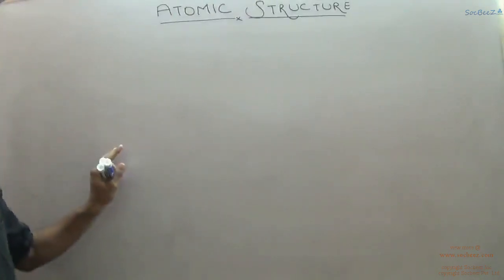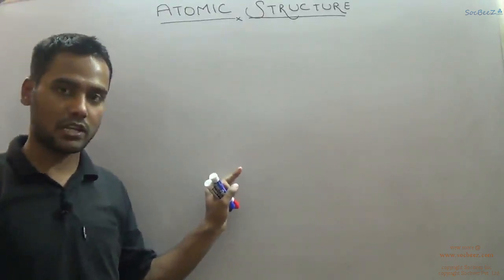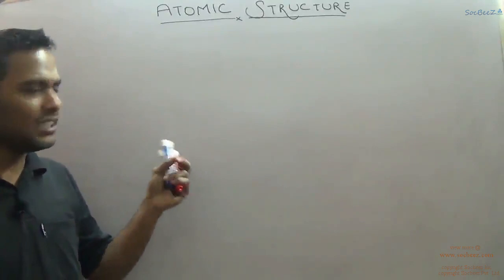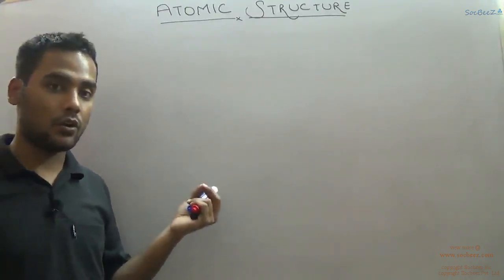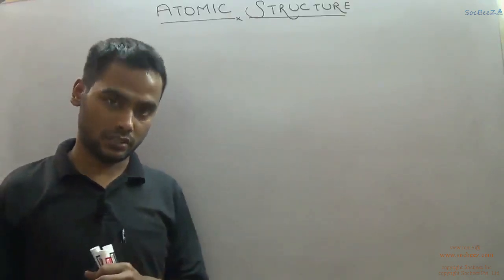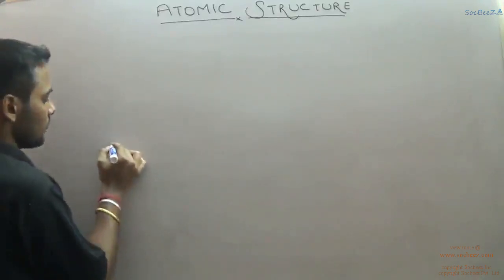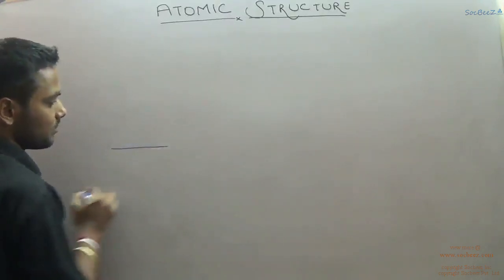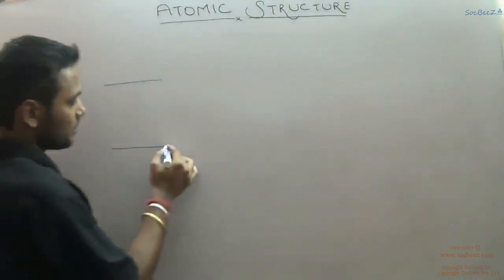I'm going to discuss the mechanism of emission and absorption spectrum in a little detail, so that you all get a good idea of what they are. Okay, there are different energy levels of an electron.